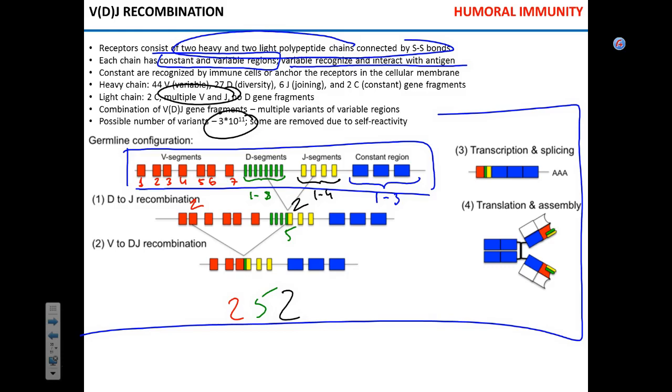But there are more antigens in the world. Like, is that it? Can we do more? Now, this is not going to be on the exam, but the answer is yes. Turns out, after this, when your combination is already there, the gene is kind of produced. This gene undergoes so-called somatic mutations.